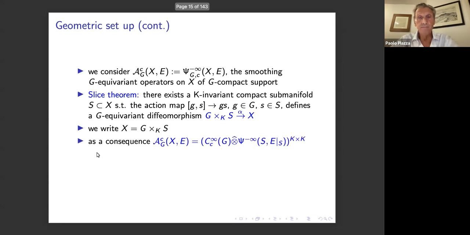And if you use this information, you can write the smoothing operators of G-compact support as these projective tensor products.